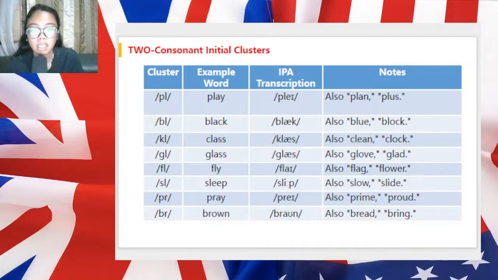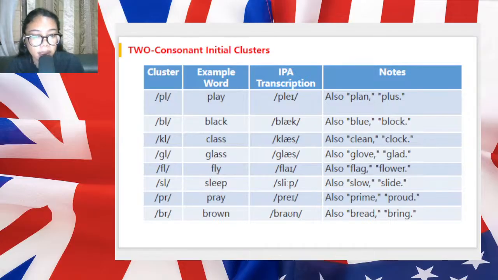First we have here p and l, or p, p, p. So that is a p-l cluster, as heard in our example word, play. Think about the p sound. It's made by closing your lips briefly and then releasing air. P, p.